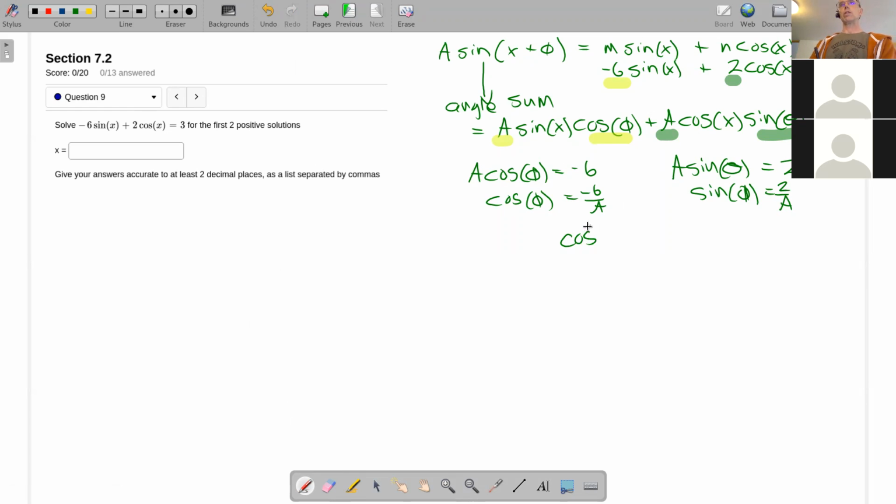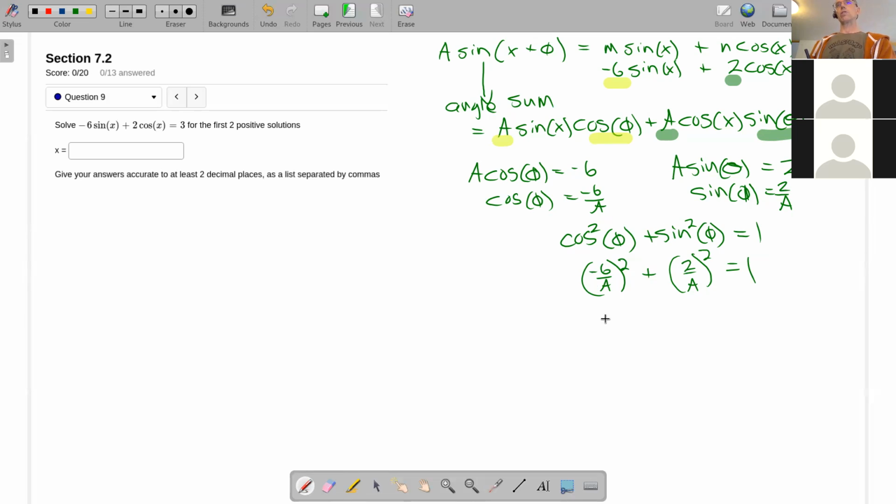Let's write the cosine first, since that's the order I have them here. The Pythagorean theorem says cosine squared plus sine squared has to equal 1. Cosine is -6 over a, so we're going to have to square that. Sine is 2 over a, so we square that. We can multiply the a squared up to the other side.